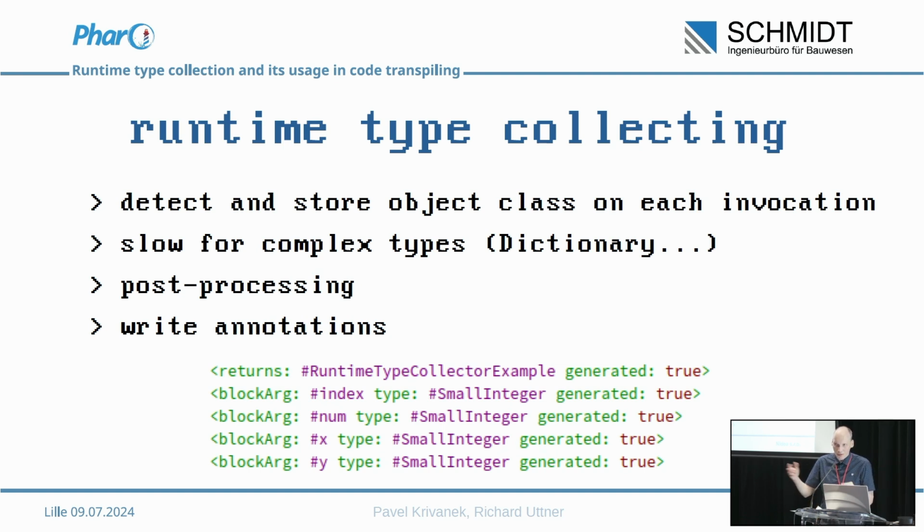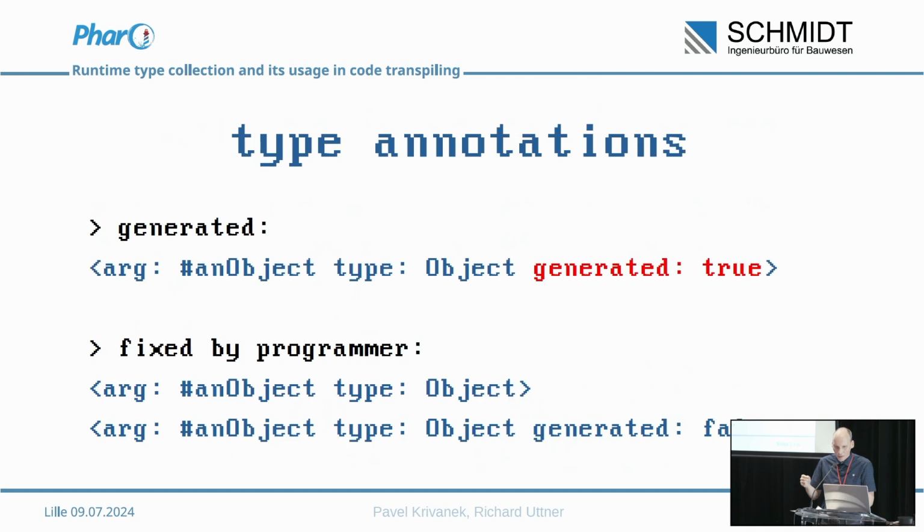And after that, we post-process it, like look at the types and try to resolve the common superclass if they are quite close to each other, and so on. And then we write the annotations to the method. And when we write the annotations, we add to the type description one more keyword, generated, with true as the argument.